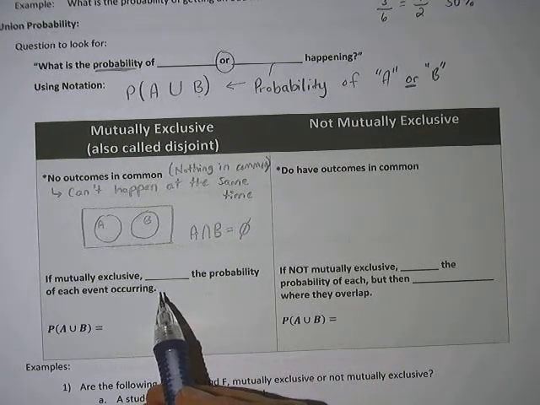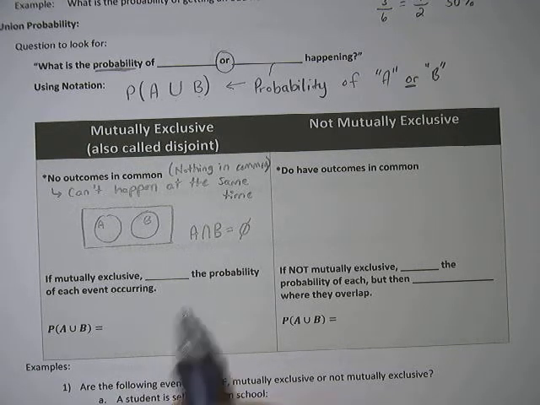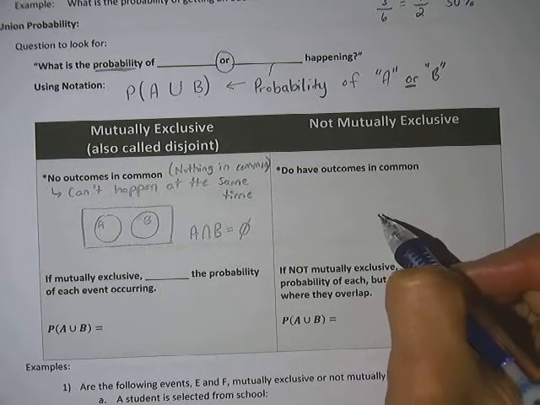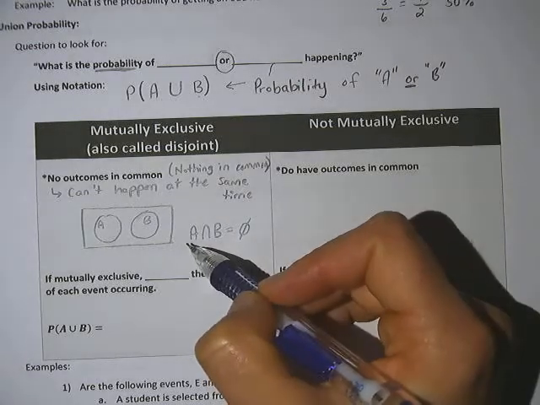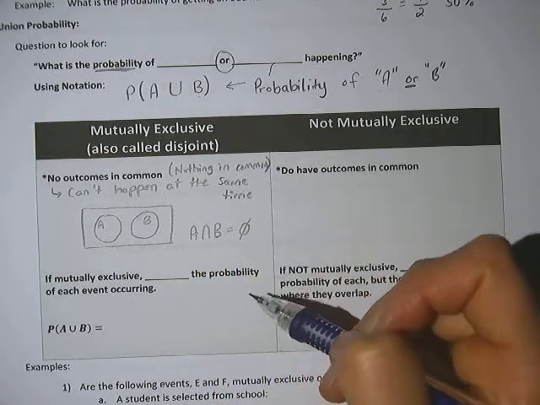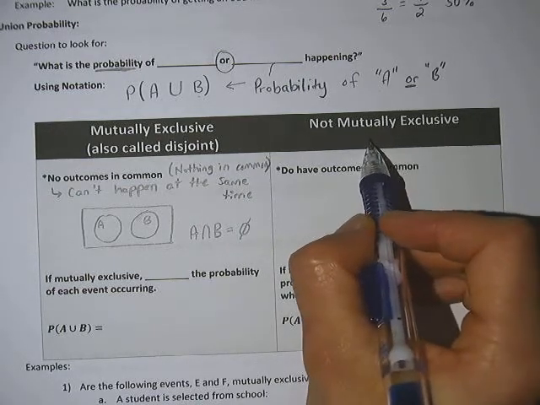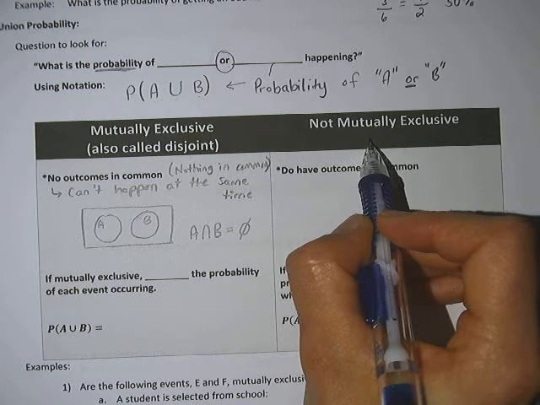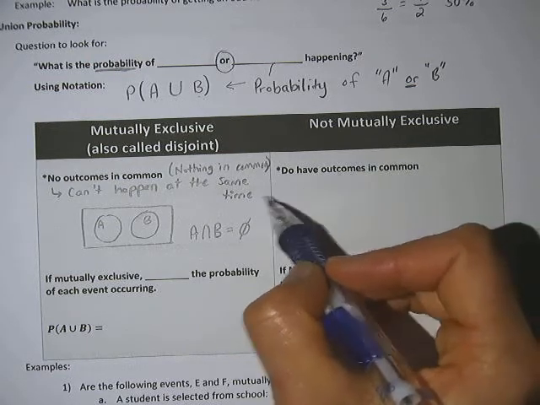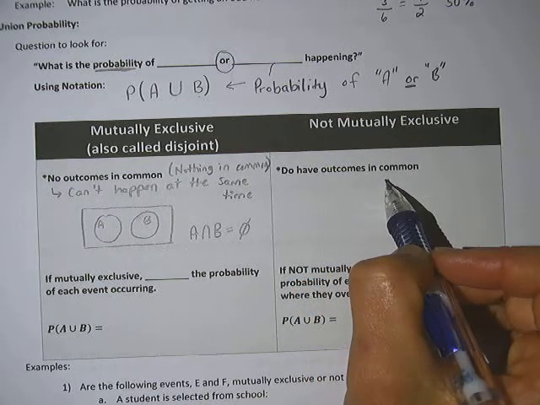And so before we move to talk about how you would actually do the probability problem, we're going to talk about, well, if this is what mutually exclusive means, that they can't happen at the same time or they don't have anything in common, then think about what not mutually exclusive would mean. Well, that would be the opposite. And so the opposite of having nothing in common would be that they do have stuff in common, okay?